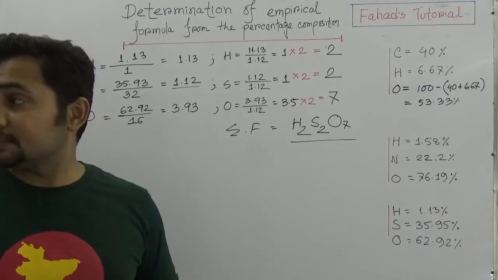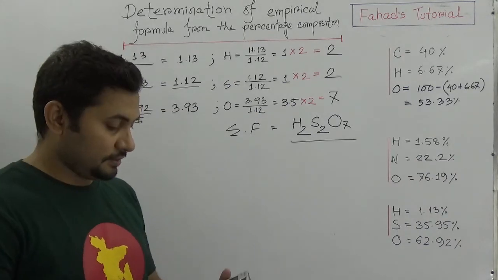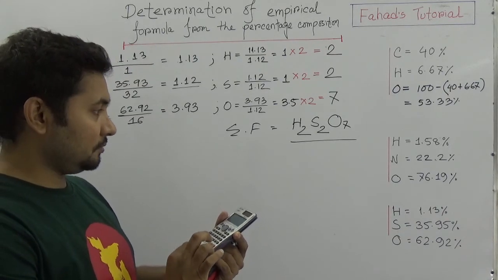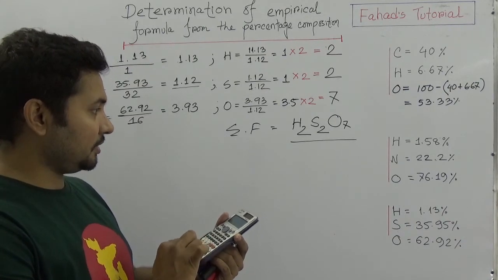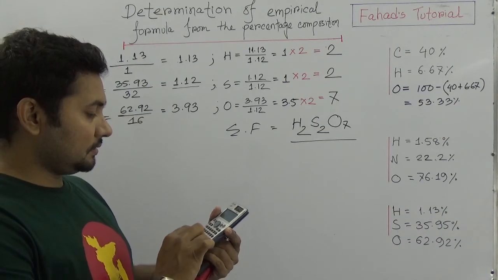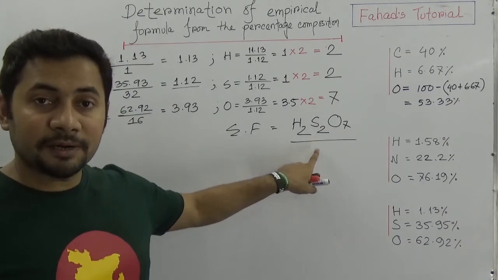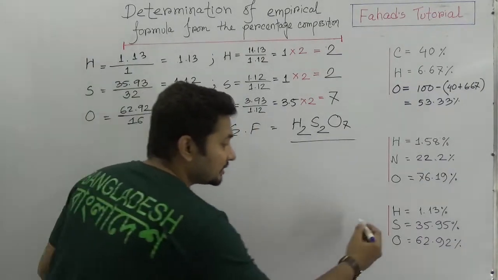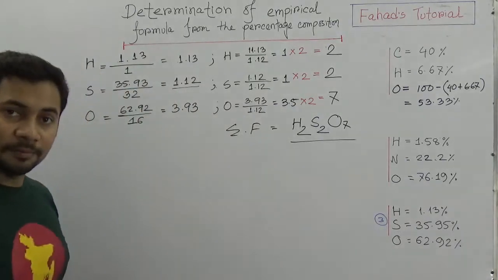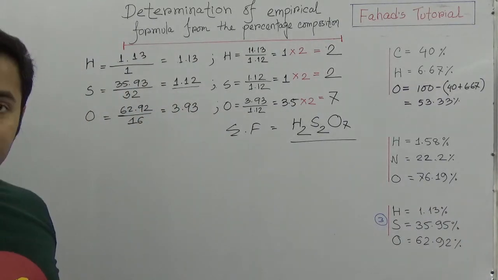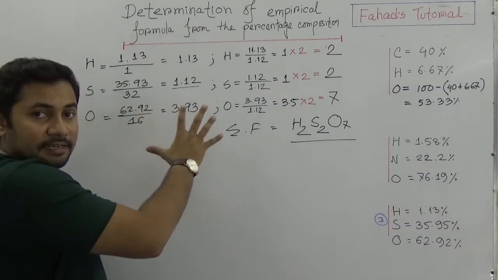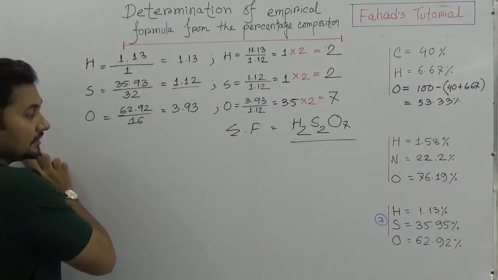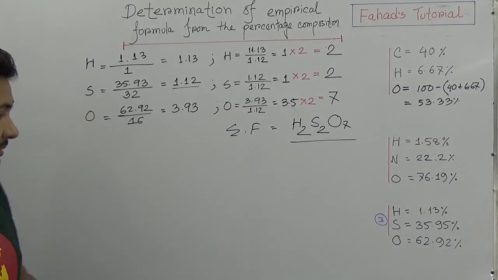So now let's think about another thing. I'm just adding 1.58 plus 22.2 plus 76.19. It's okay. So now this is the pyrosulfuric acid, which is the empirical formula of this percentage composition. I hope you understand how to do it. And again, if you see this example as hydrogen, nitrogen and oxygen, I'm just doing it here also, so it will be better.